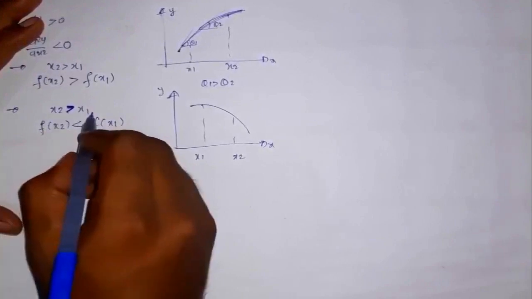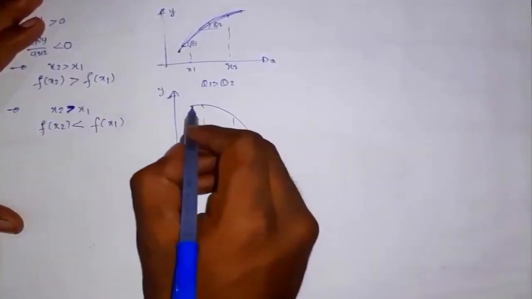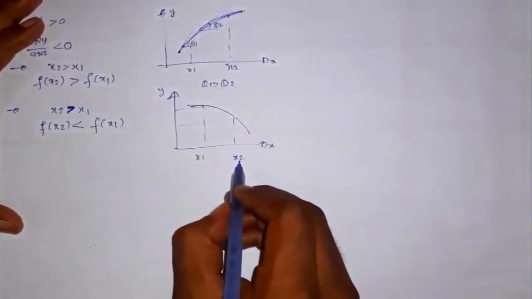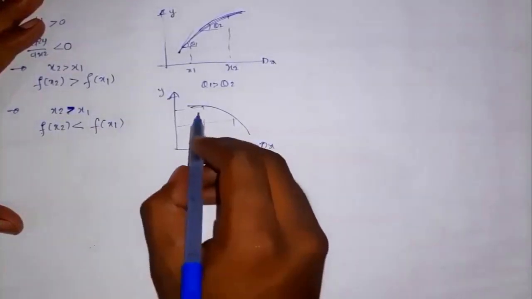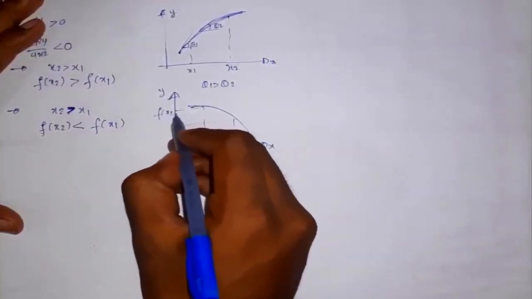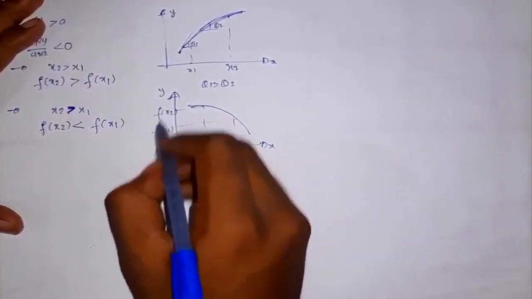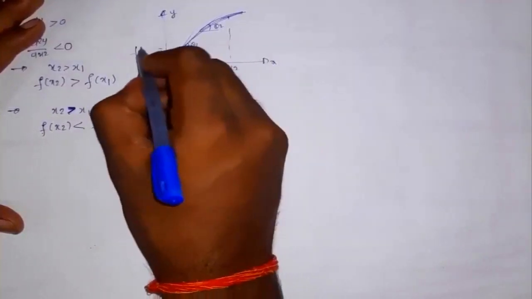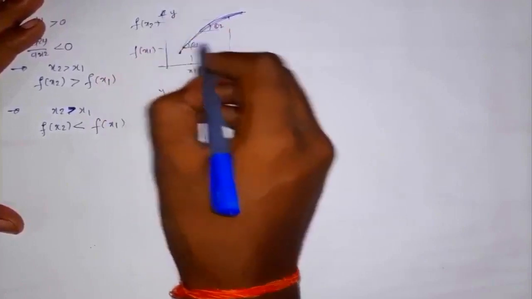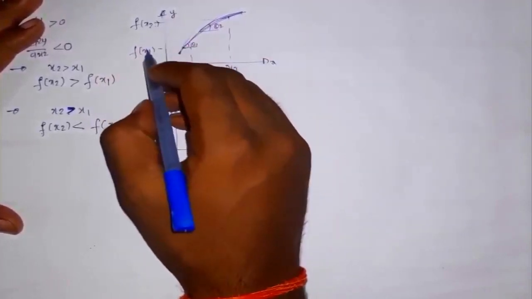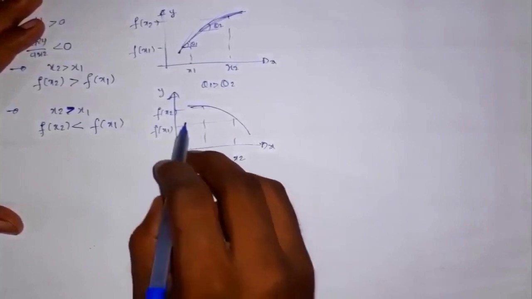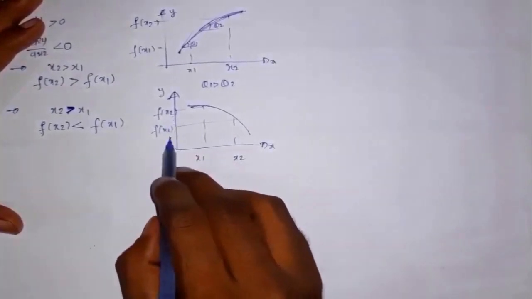If x2 is greater than x1, then f(x2) will be less than f(x1). For example, you can see with the help of the graph also. This is f(x1), this is f(x2). Okay, so for an increasing function, if x2 is greater than x1, then f(x2) is greater than f(x1). If x2 is greater than x1 for a decreasing function, then f(x2) will be less than f(x1).